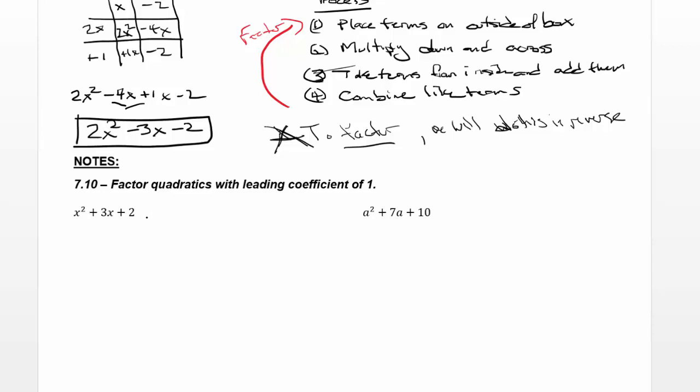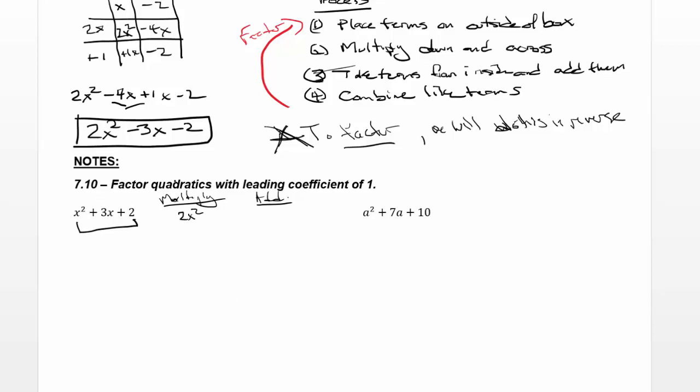Specifically, we're going to make ourselves a multiply and adding game. What are the things I'm going to multiply? I'm going to take the first and the last terms together, and I'm going to multiply them. And that's going to be the number that this pair of numbers needs to multiply to. So in this case, this is 2x squared.